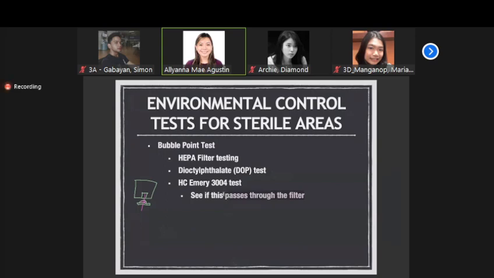If they get through the filter, then your HEPA filter is no longer effective. Ideally, DOP or HC Emery should not pass through the HEPA filter, because the HEPA filter screens out all particles, including viruses and bacteria. But if these two get through, then your HEPA filter is already damaged or not effective.